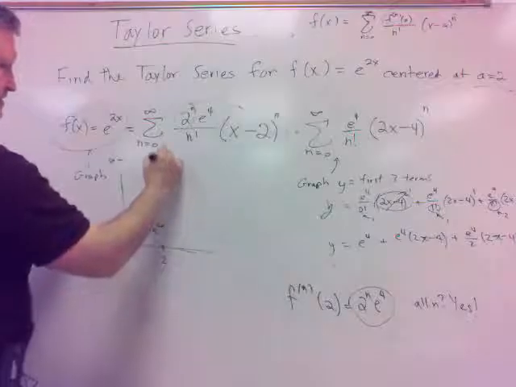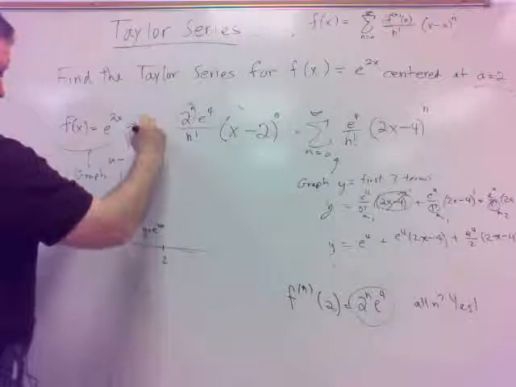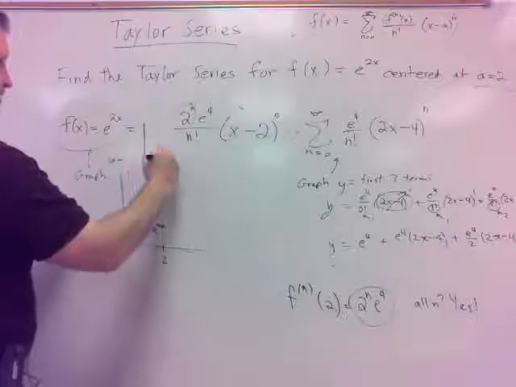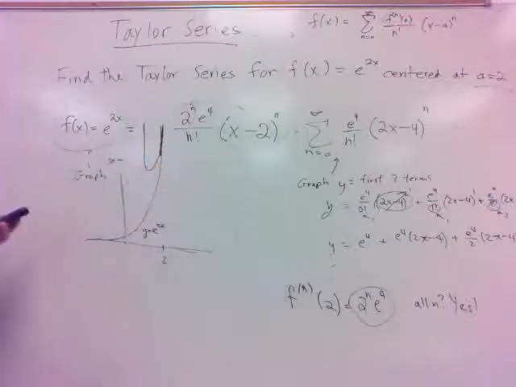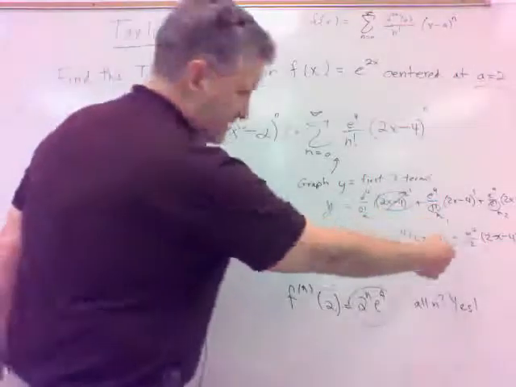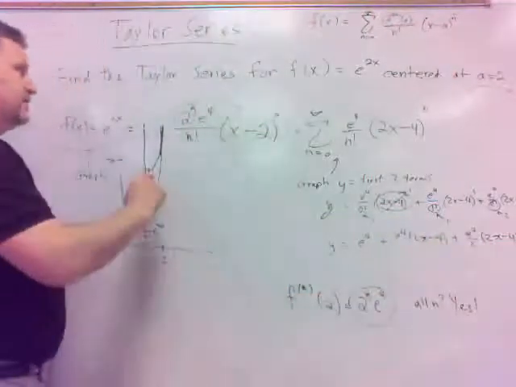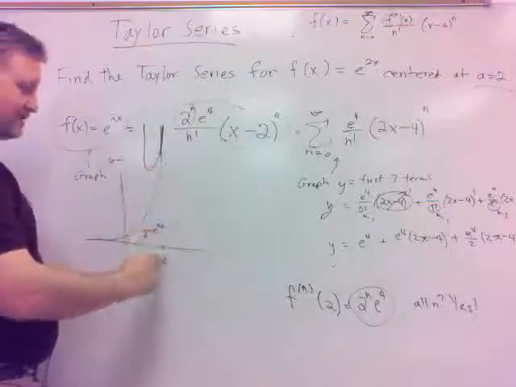I'm zooming in here at 2, which is about 50. This is coming in. And right about there, this graph and this graph are looking pretty close. It's centered at 2. This basically x squared function is doing a pretty good job of mimicking around 2.